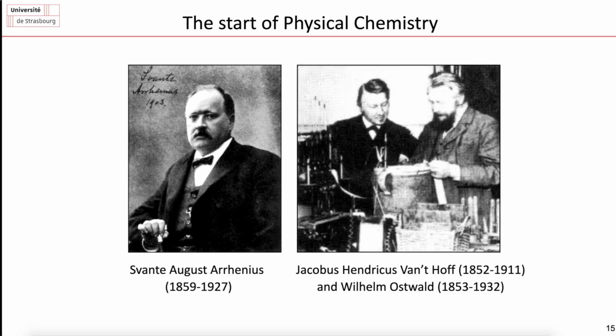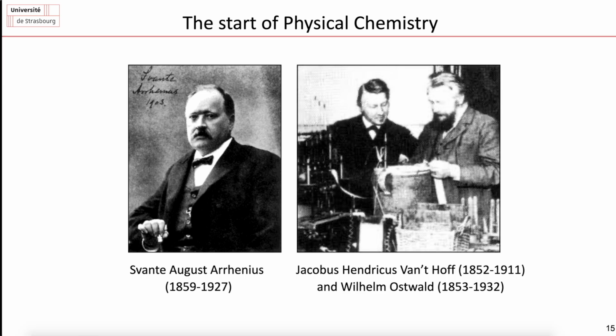The acid concentration in that reaction doesn't really change, but that was really a big realization, and it was the start of the whole field of catalysis. So that was, I think, a very important contribution of Ostwald to the field of catalysis.